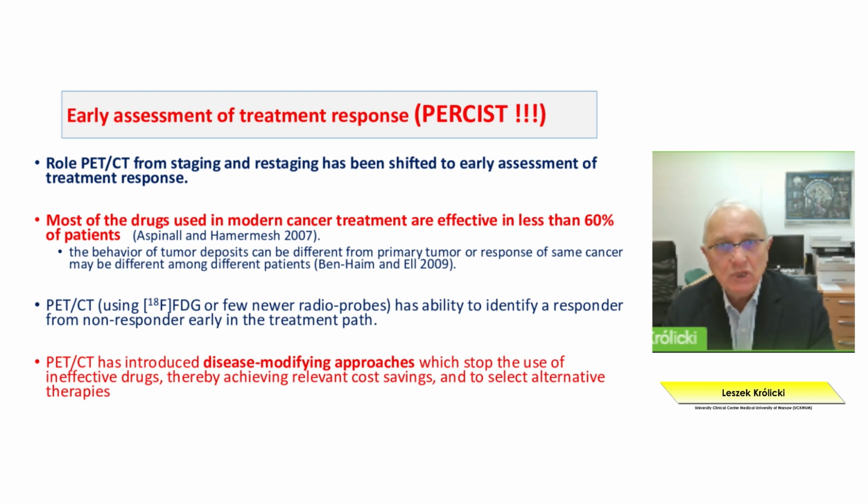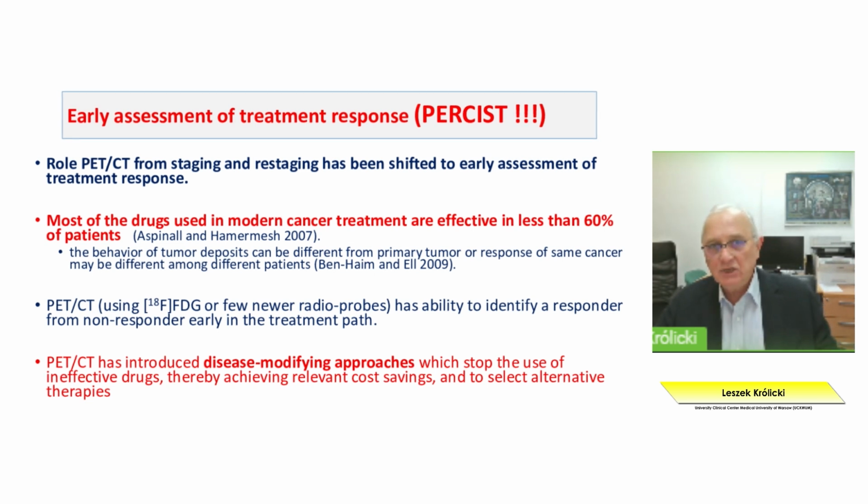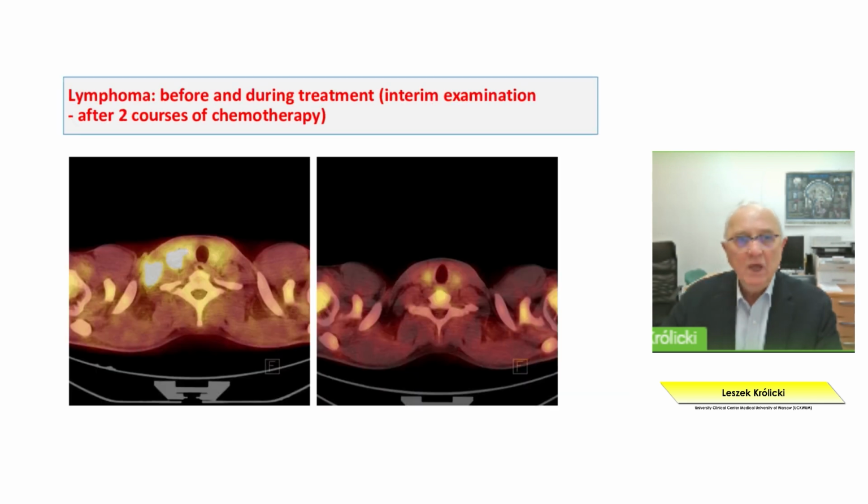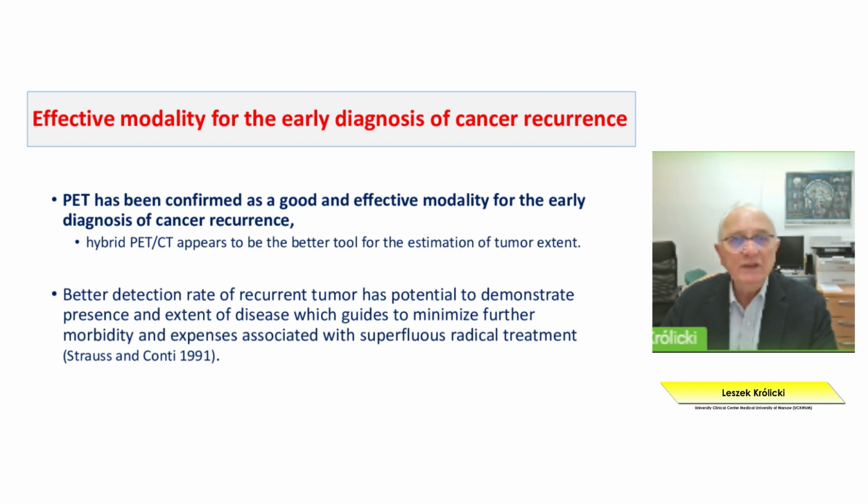The RECIST technique could be replaced by the PERCIST technique. So we could actually follow the changes when the treatment has already started. Here you can see the lymphoma before and during treatment, and it proved very useful when the courses of chemotherapy were applied.